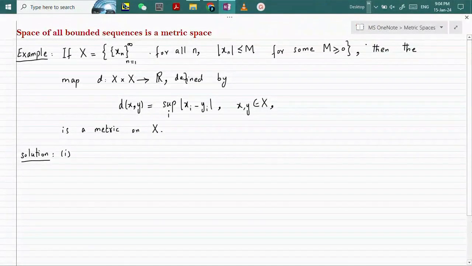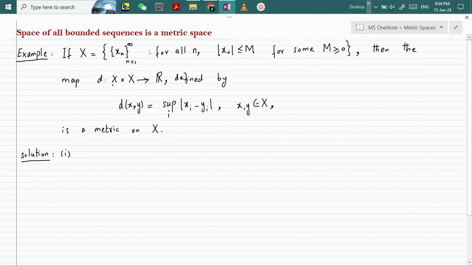Today we discuss an example of a metric space, that the space of all bounded sequences is a metric space. We have a set X which consists of all the sequences which are bounded, meaning for all n, the modulus of each term is less than or equal to some non-negative number.